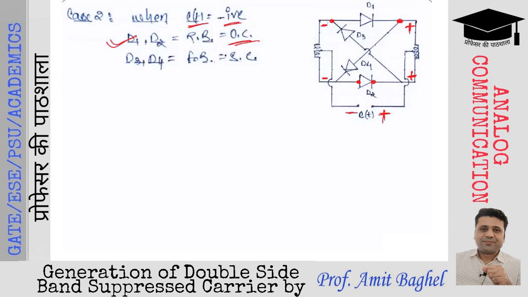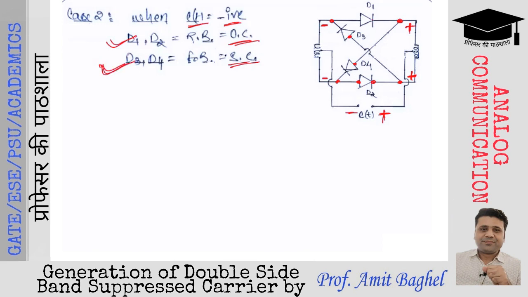D3 and D4. For D3, नेगेटिव टर्मिनल पर नेगेटिव वोल्टेज, पॉजिटिव टर्मिनल पर पॉजिटिव वोल्टेज है. सेम वे D4 के नेगेटिव टर्मिनल पर नेगेटिव और पॉजिटिव टर्मिनल पर पॉजिटिव वोल्टेज है. Hence D3 and D4 will be forward biased. Forward biased means they will be replaced with a short circuit.